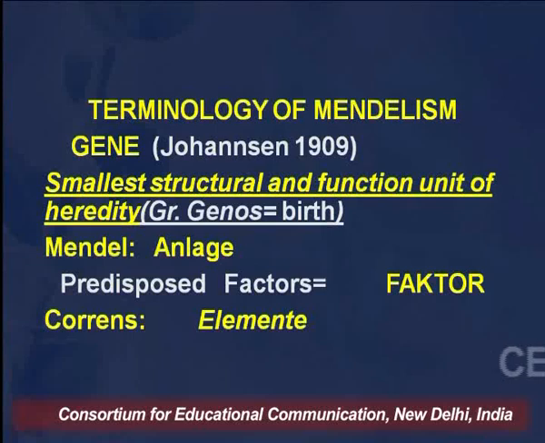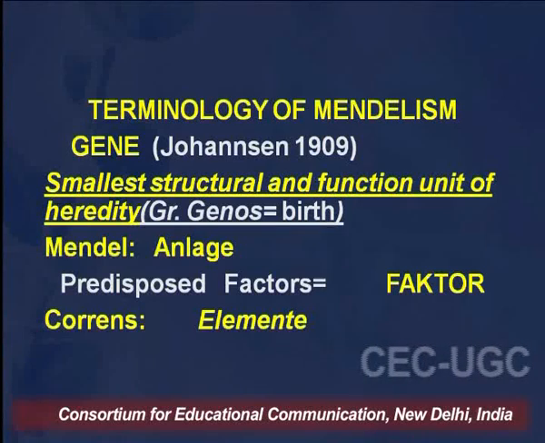So a gene would be defined as the smallest structural and functional unit of heredity, and the term gene has come from the Greek word genos, which means taking birth.